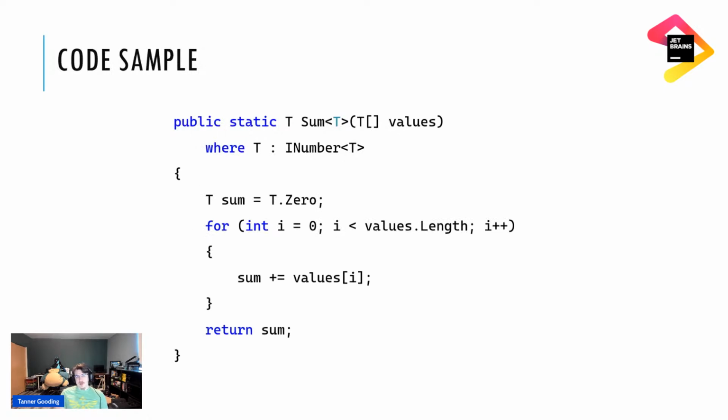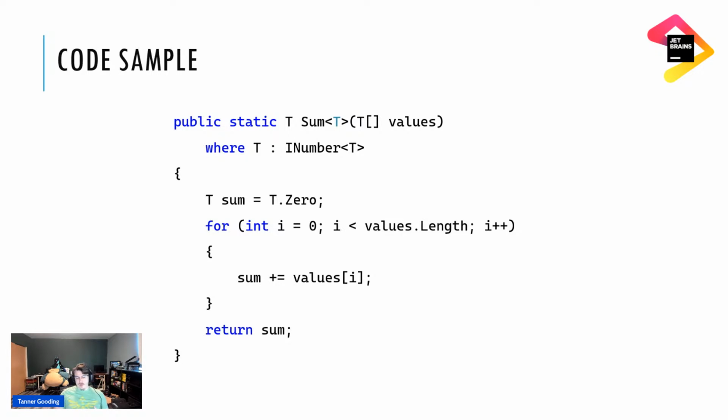And so we can take our previous algorithm, we can change out int for T, we could constrain that T to be an INumber<T>, and then we just rewrite our algorithm, with the only real other changes being that rather than using the literal 0, we have to use T.0. But this one function now replaces both of the previous int and long functions you saw and works for any other T that's constrained in INumber.